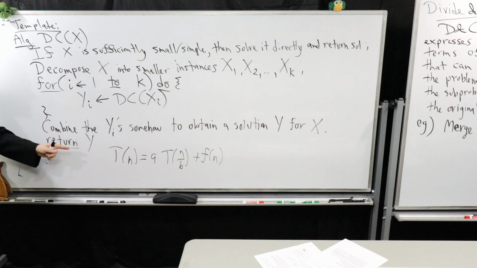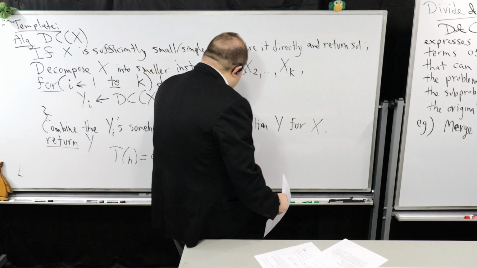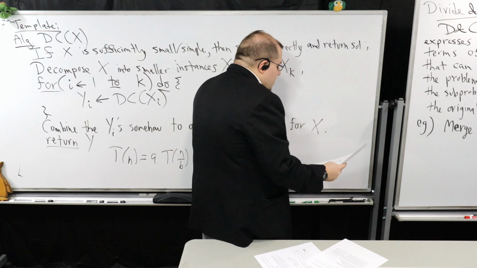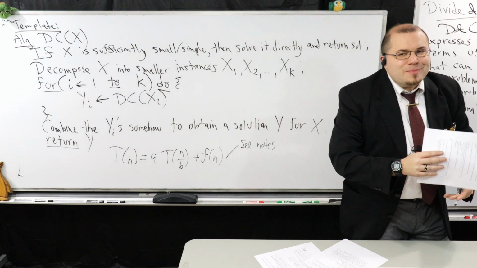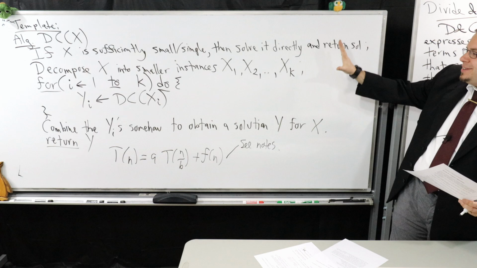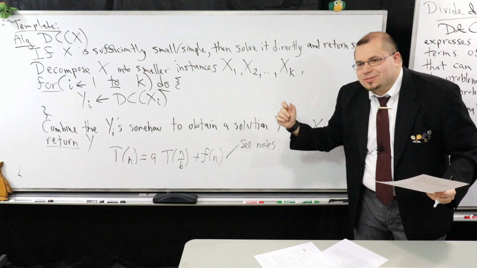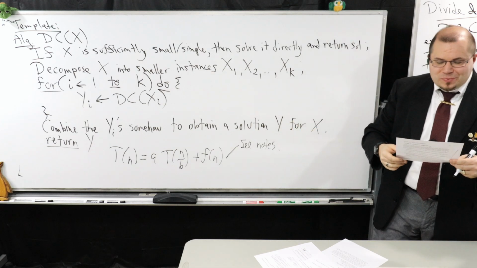I'll have more details in the notes, just for the sake of time. But my point is that if it follows this template, generally you can derive a recurrence relation that looks like this.